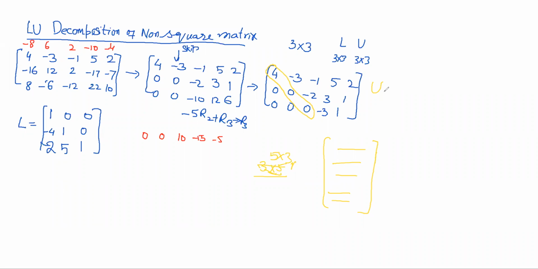So instead of minus 10, there always must be 0? Yes. All the elements under the diagonal should be 0 in the upper matrix. That's why we make zeros under the pivot position. Okay, thank you.